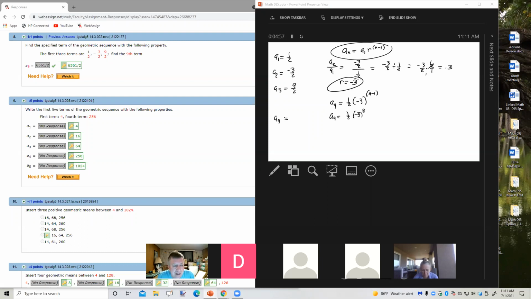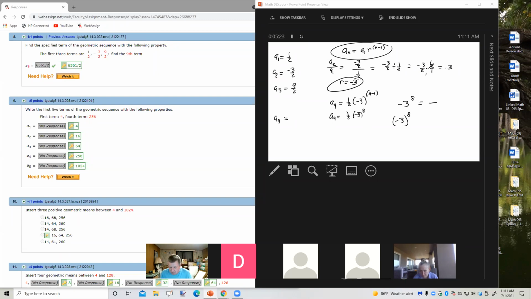You said that you got a negative answer first. Did you put -3 to the 8th power in your calculator and get a negative number? Yeah, that's what I did. Here's the problem. If you put this into your calculator, you're going to get a negative number. You need to pull that negative sign into part of the base.